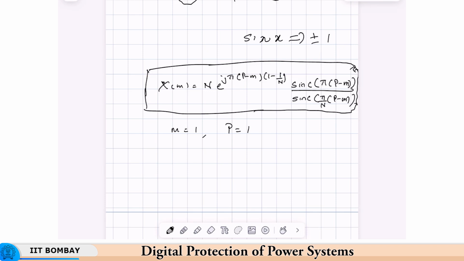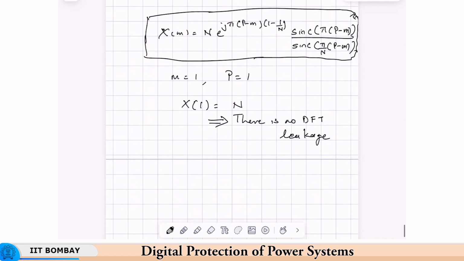So, what you get is X of 1 is equal to n. What this implies is there is no DFT leakage.